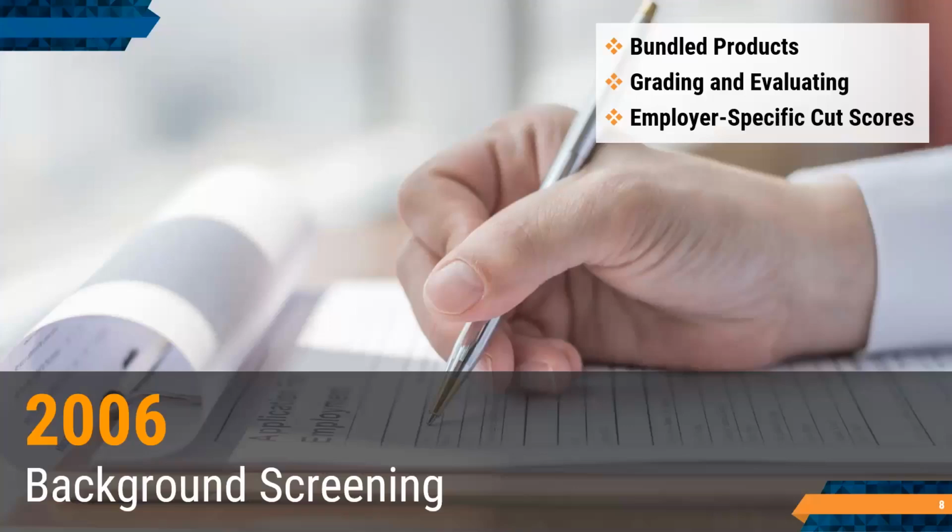Post 9/11, there were a number of government initiatives that were at least started, and so in 2006, the energy sector really got together and, as a best practice, started to develop a program very similar to the drug testing concept, where there was a standardized group of products. There was grading and evaluating tied to a specific policy, and then there were employer-specific or site-specific cut scores.